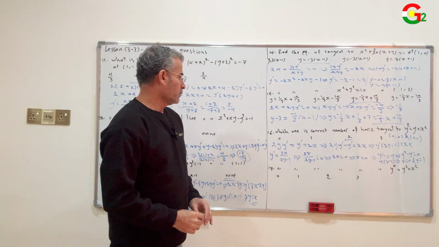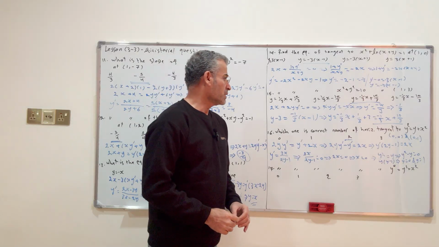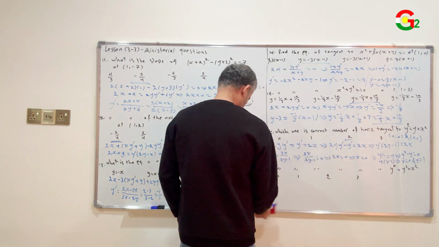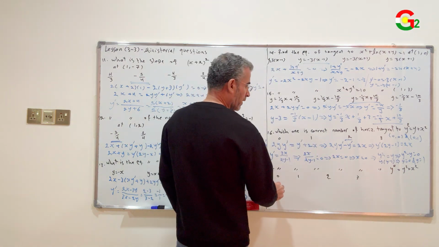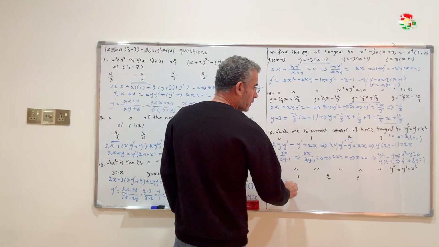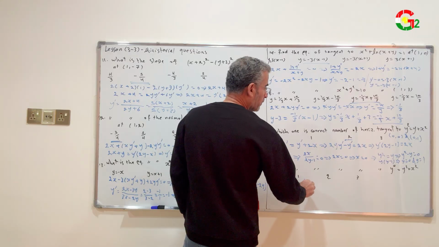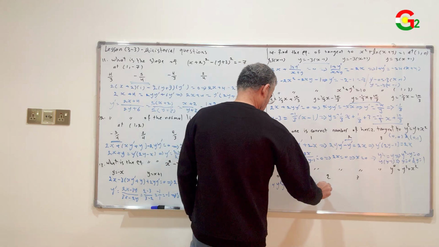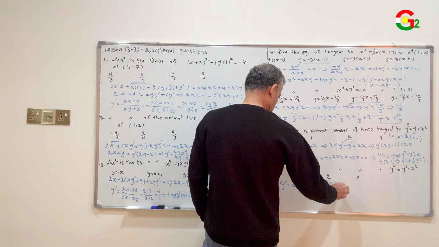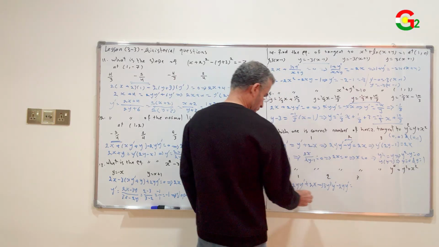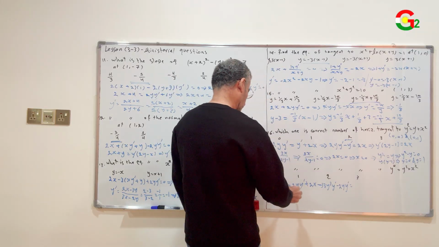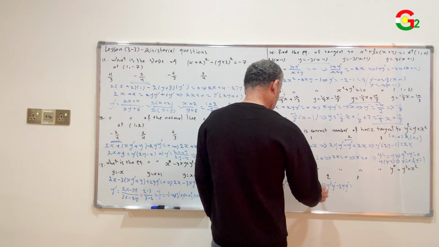Question number 17. Which one is correct number of horizontal tangent lines to the curve y power 4 equals y square plus x square? First, we find y prime: 4y power 3 y prime equals 2y y prime plus 2x. Then 4y power 3 y prime minus 2y y prime equals 2x.